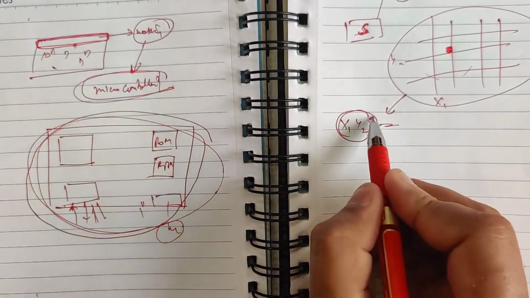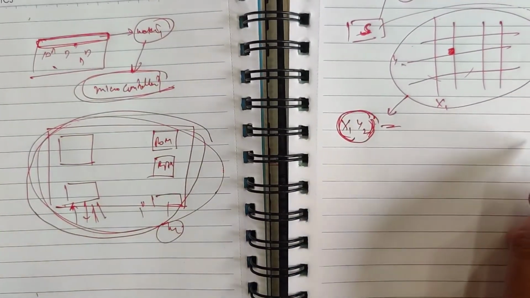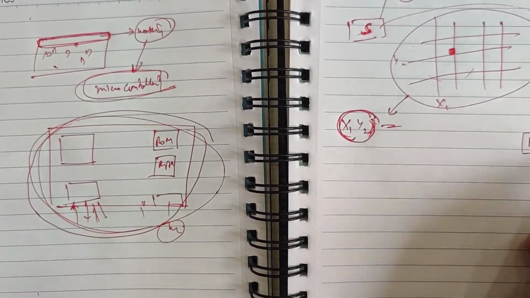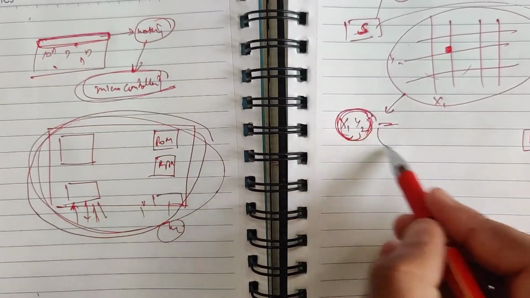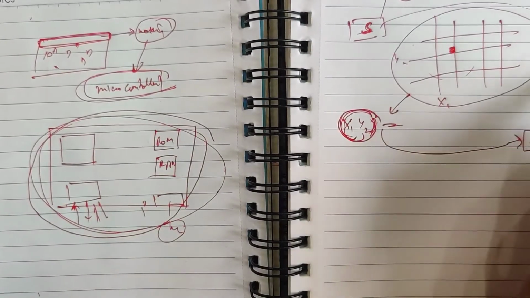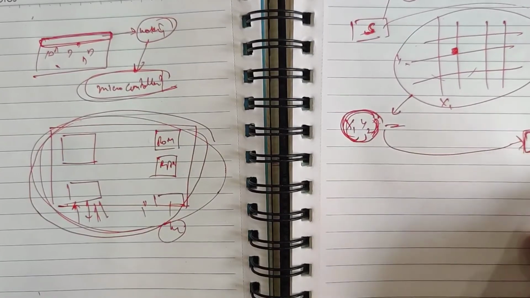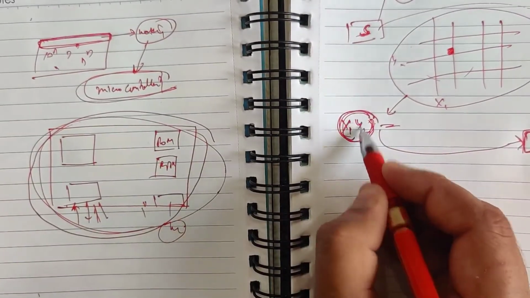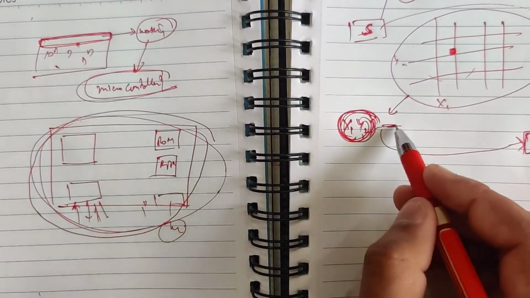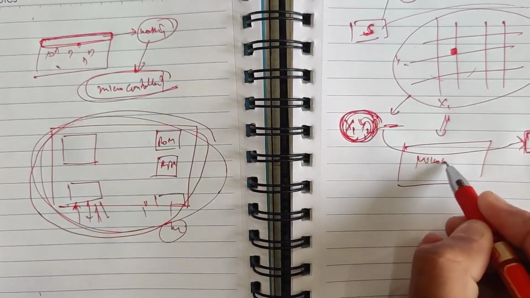Now let's suppose S has a binary code or a signal of 100100. But how does it convert to this? Because the processor inside the computer will only process this kind of signal. So how does an x1 y2 kind of signal convert into this? It has to be something, and that something is a microcontroller.